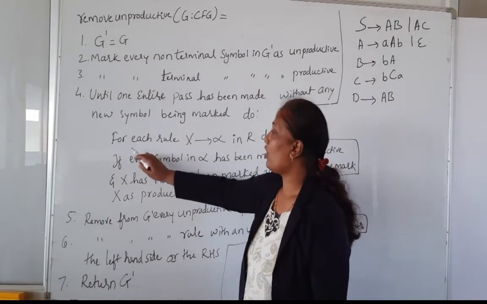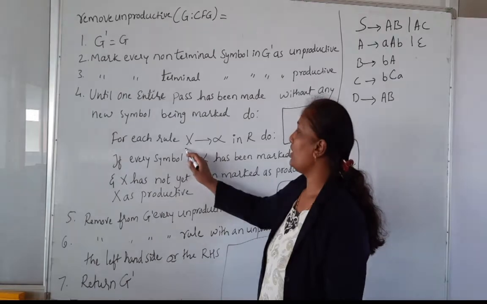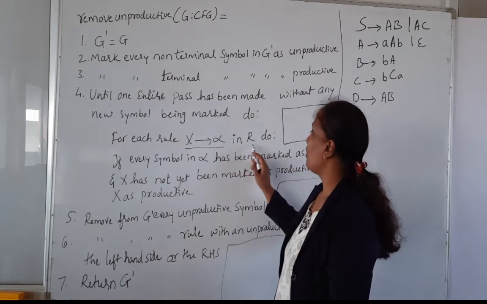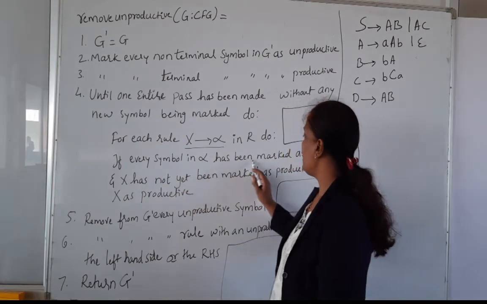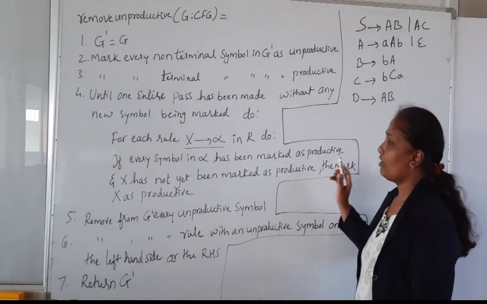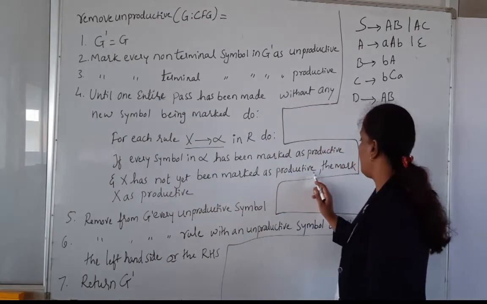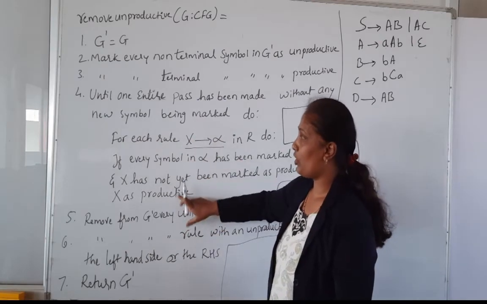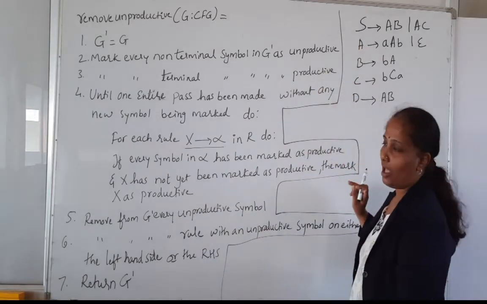For each rule X produces alpha, suppose the rule is in this form where X is producing some alpha. If every symbol in alpha has been marked as productive and X has not yet been marked as productive, then mark X as productive. So this step you are going to follow for all the rules of the grammar.